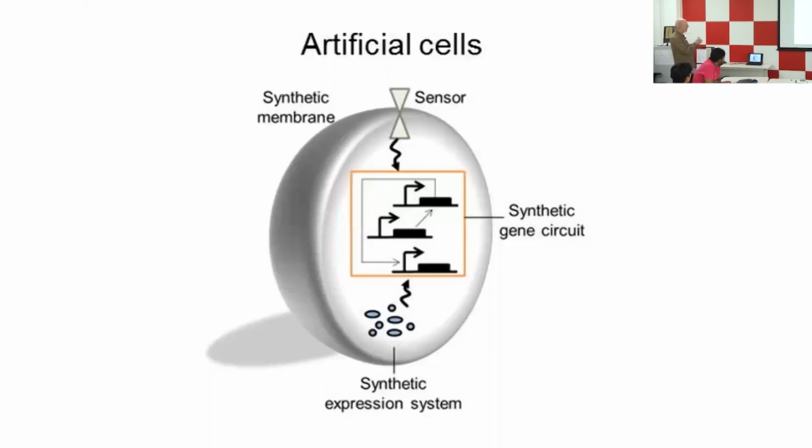So at the moment, the idea is to start with a vesicle and put in it some bits and parts that represent the basic functions of a cell, but the time has not yet come to put everything together. So I don't think we have a synthetic cell coming in the very near future, but it will come sooner or later.